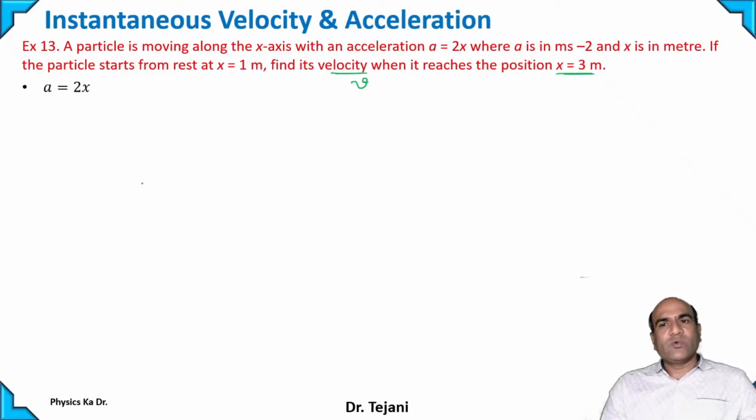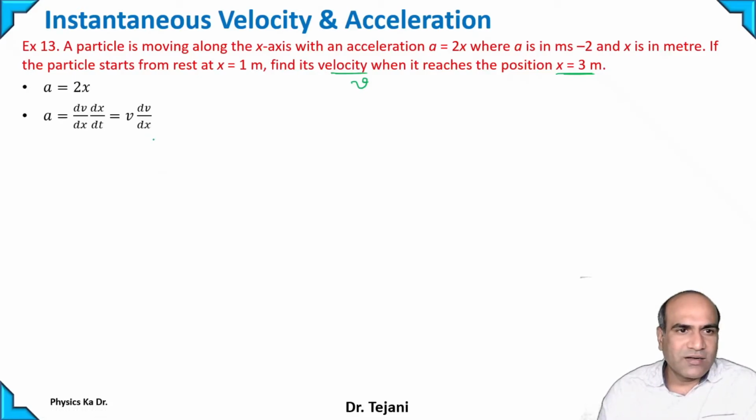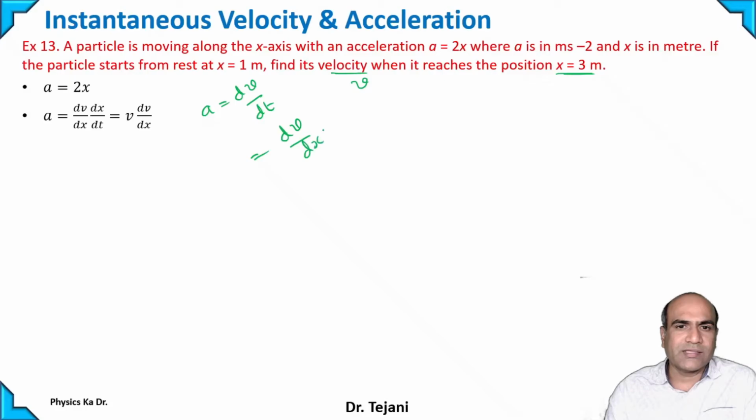So a is equal to 2x is given, and we know a is equal to dv by dt. We can write it as dv by dx times dx by dt. What is dx by dt?